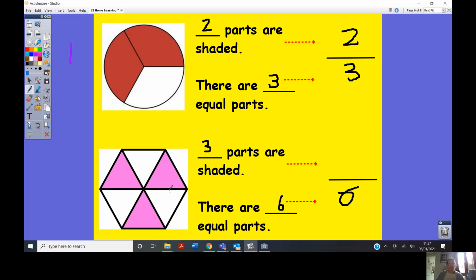And I know that my numerator tells me how many parts we have, or in this case, how many parts are shaded. So I'm going to write my numerator up here. We could also look at these, not just with shaded parts, but we can go back and look at our cubes.